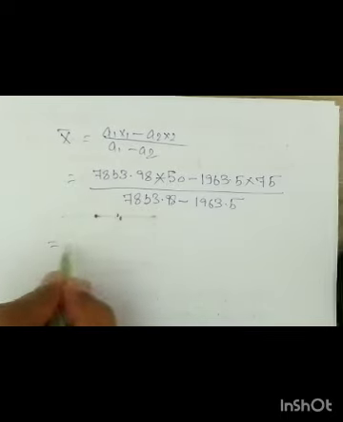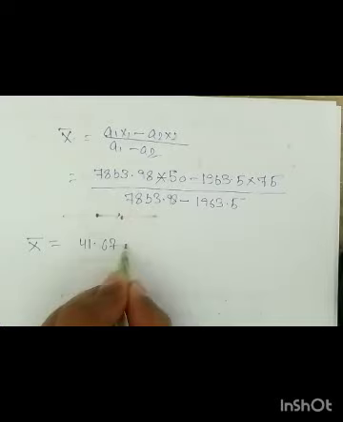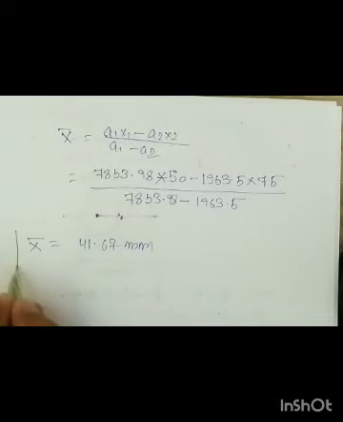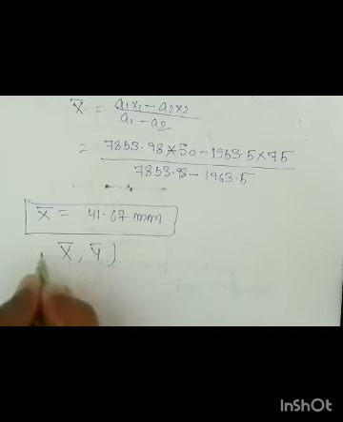So the x bar is equal to 41.67 millimeter, right?